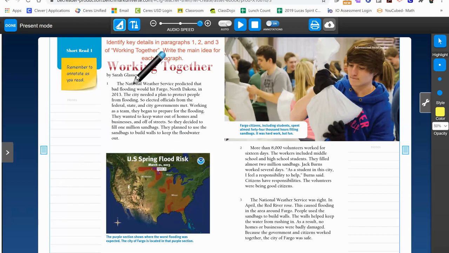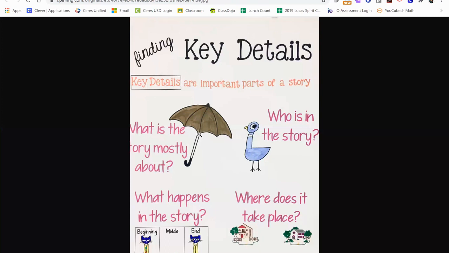So let's go ahead and identify those key details. Before I do that, I want to clarify, what does identifying key details mean? Well, the word identify means to look for. So we're going to be looking for key details, but what are key details? Key details are important parts of a story, such as what the story is mostly about.